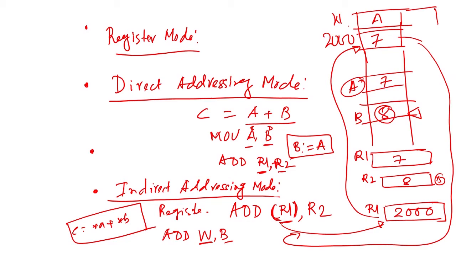Another addressing mode is called index mode. We often use it when we access elements in an array. We know the base address, and now we want to add the value at A0, sorry, A2 with A3.